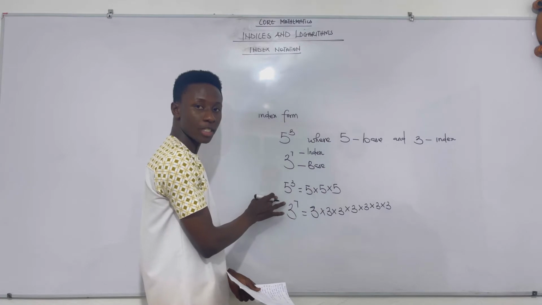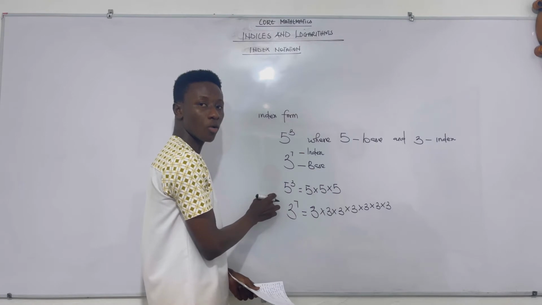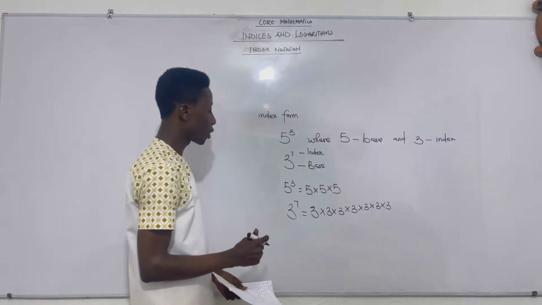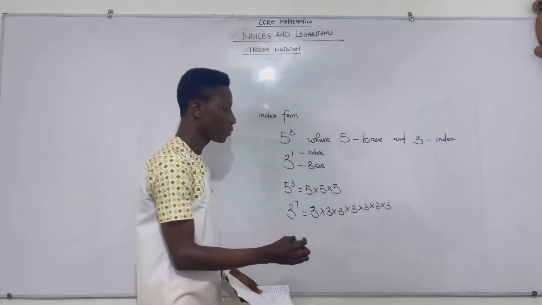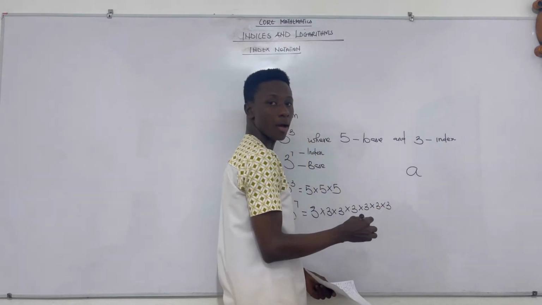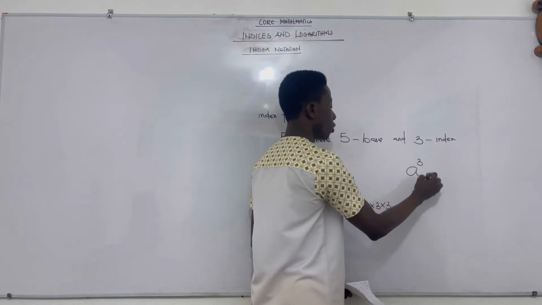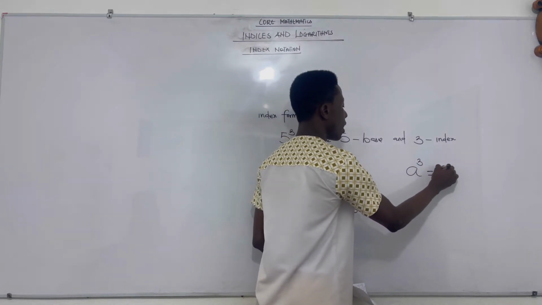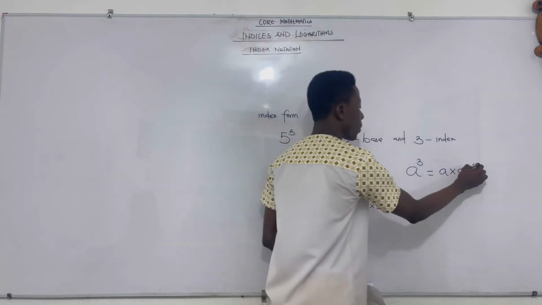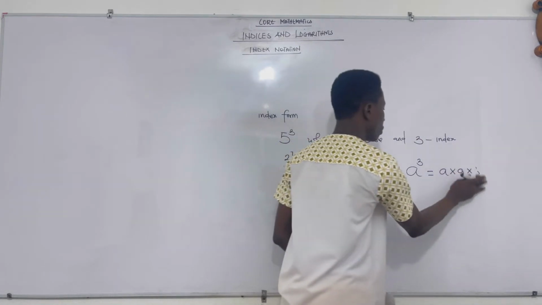So it explains what we just said earlier. Index notation or index form is one of the simplest ways to write numbers. So in general, if we have a number or a term a raised to a power of 3, what this means is the base a should be multiplied to itself 3 times.